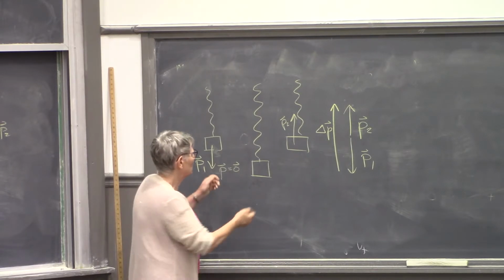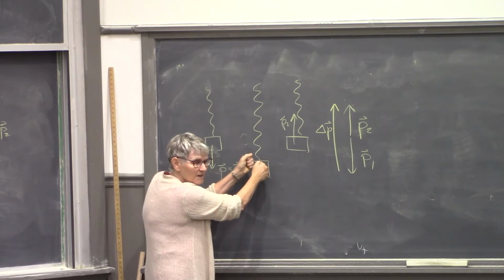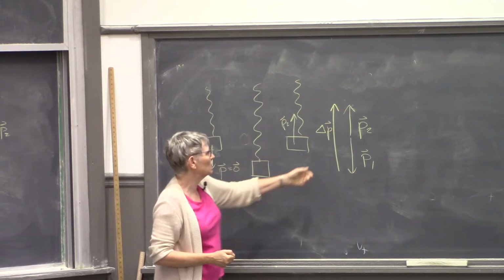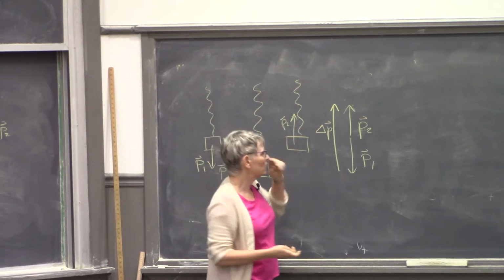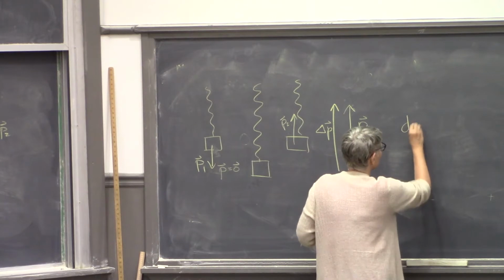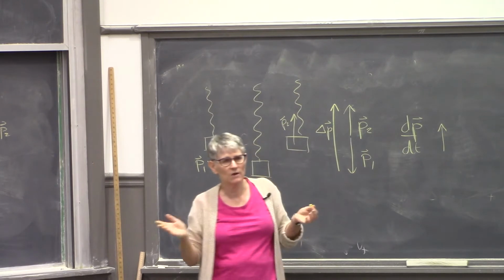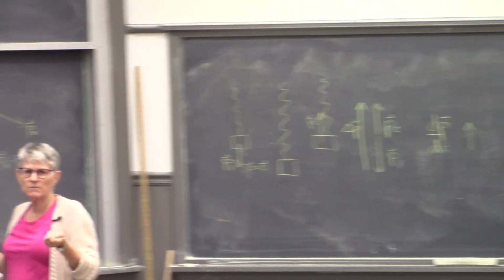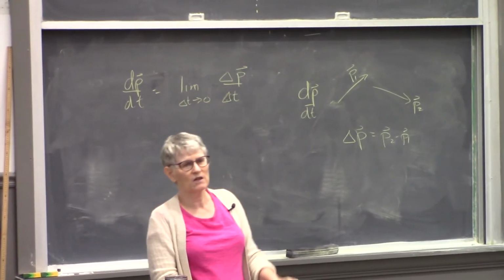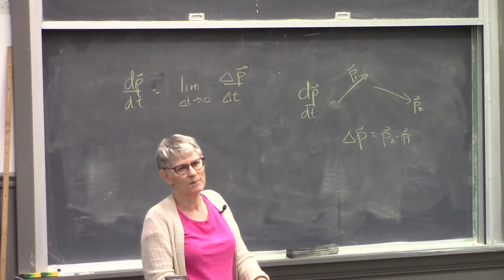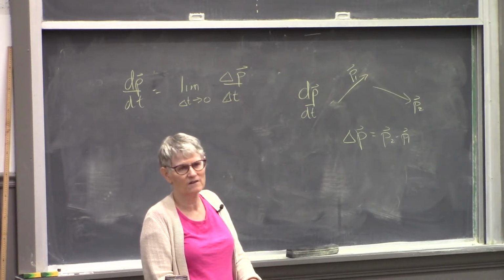And so if we make these instants closer and closer to the time we're interested in, we're still going to see that delta P is upward. And so in fact the direction of dp dt is also upward. So we're getting dp dt from the motion, because although in this particular case you could infer that the net force was up since it's about to change its direction dramatically, in many cases that's not entirely obvious.